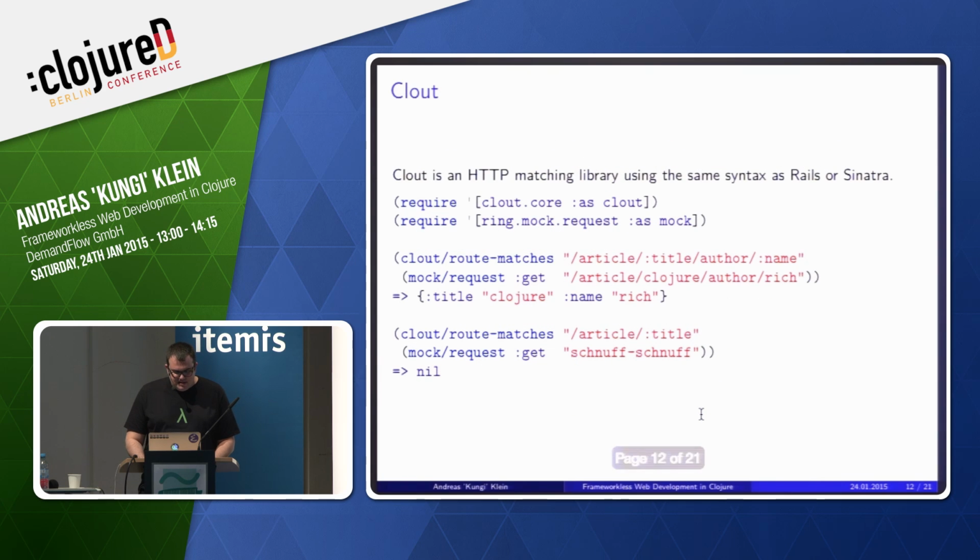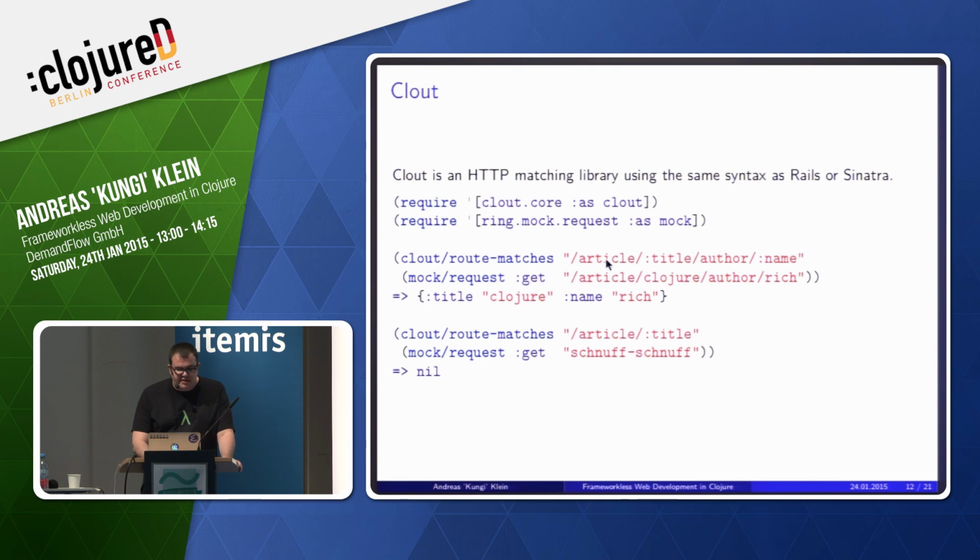Okay. So we'll go to the next library, which is Clout. This one does HTTP route matching. And it's also very short. Give it a read. It's, I think, 103 lines of code, which does all that. So here in this code example, we import the clout namespace. We import ring-mock request to create our requests more easily, and just ask Clout if some route matches.